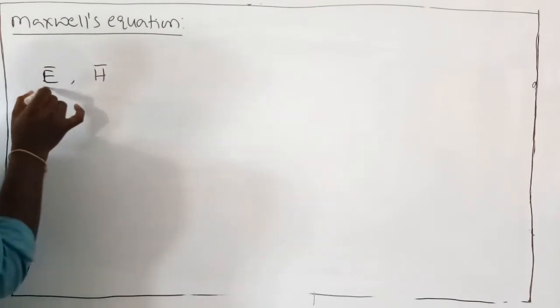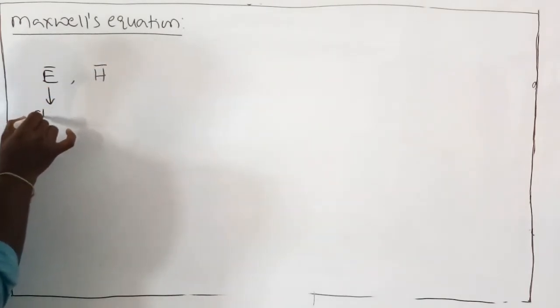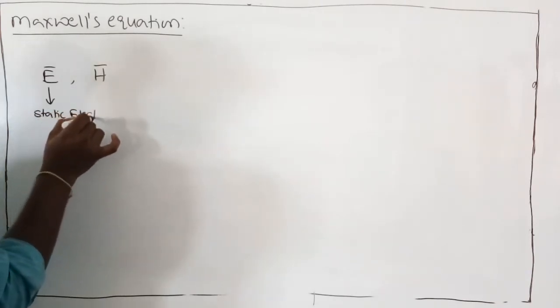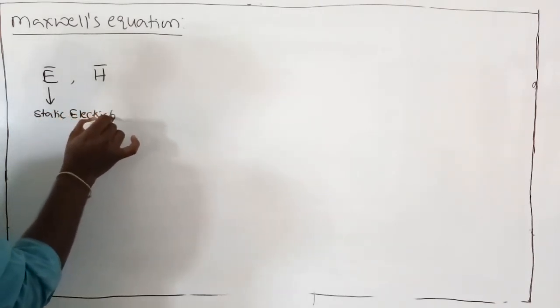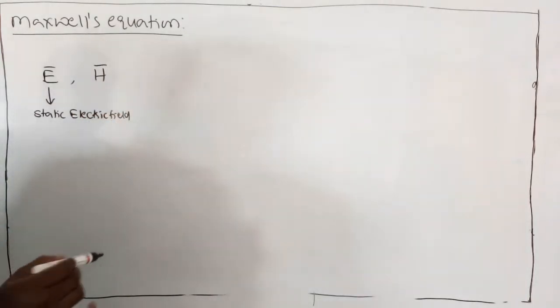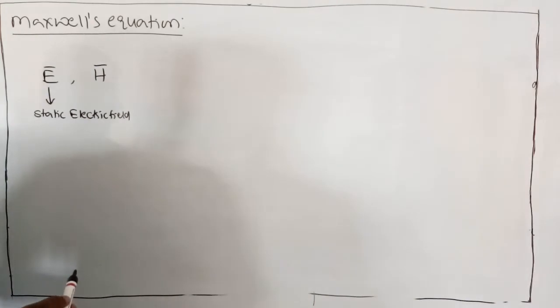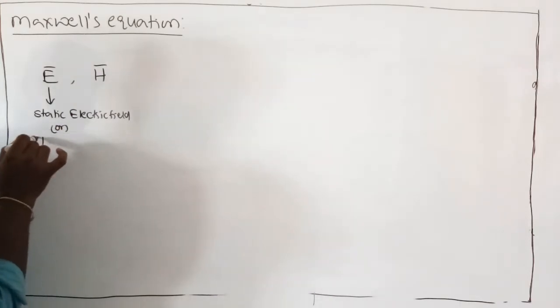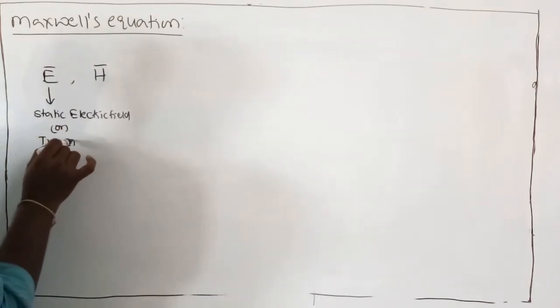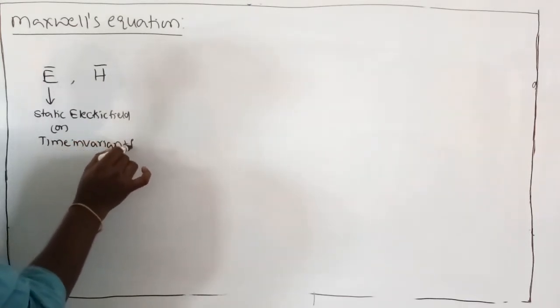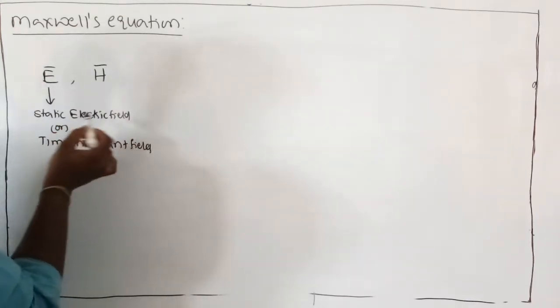In the case of static electric field, I think you are already aware of this term. If the electric field is produced due to static charges, such a field is called a static electric field, or a time invariant electric field.